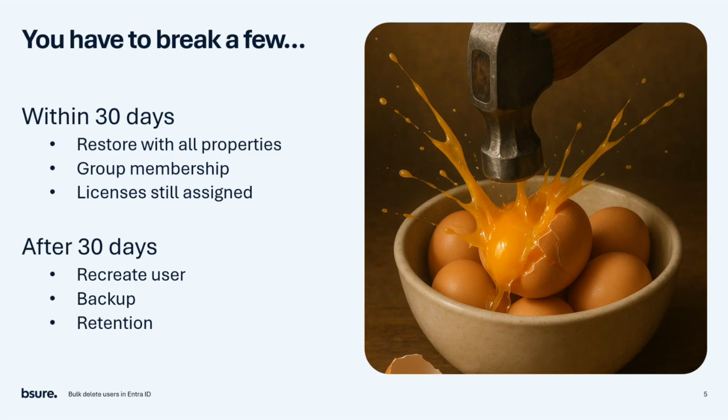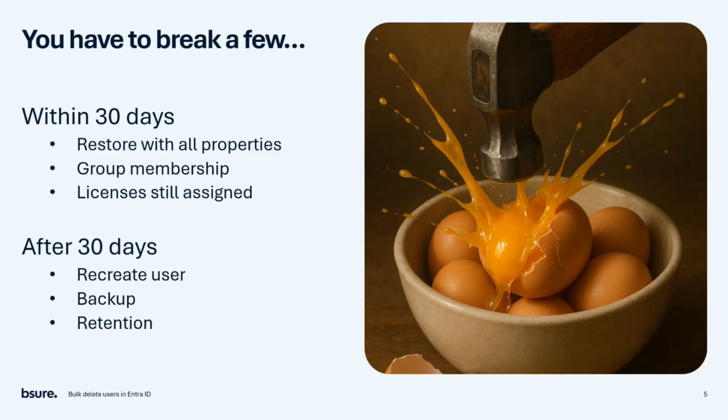If you do restore a user within these 30 days, all the properties, group memberships, and licenses are restored as well. So you won't lose anything as long as you stay within those 30 days. After 30 days, the restoration possibilities are a little bit more limited.